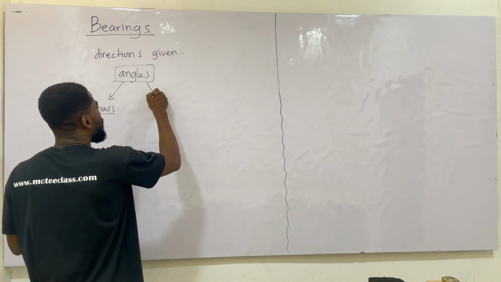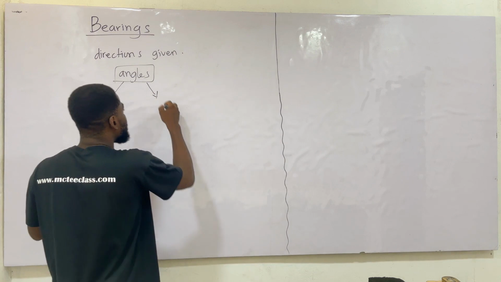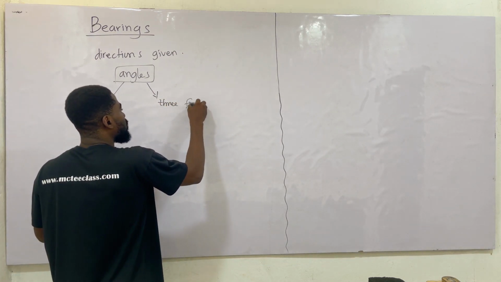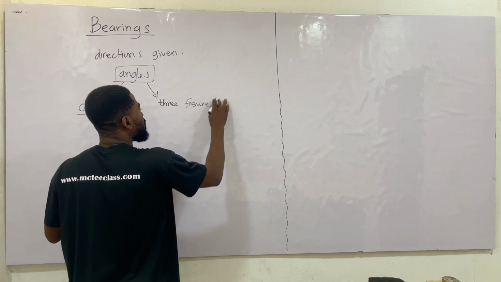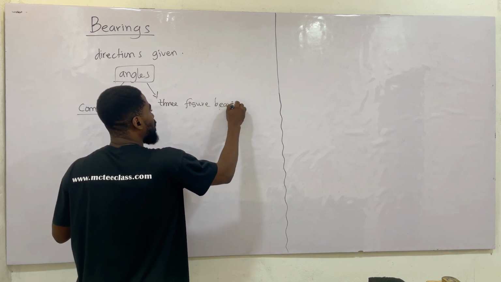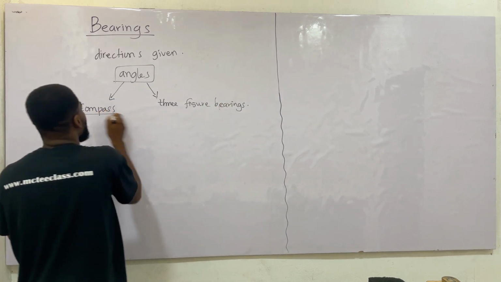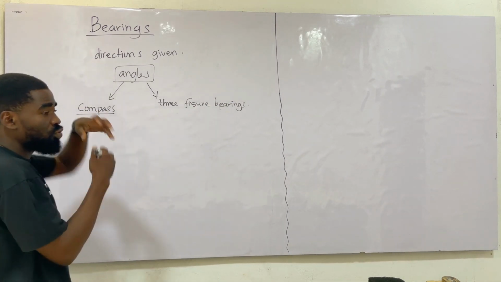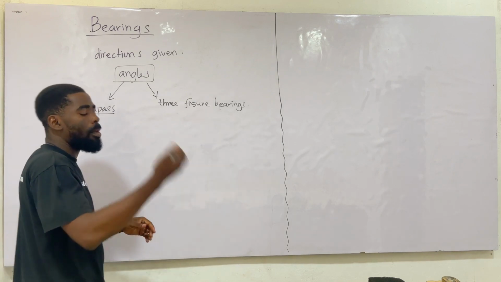Or we can use what we call the three-figure bearings. We understand what all these things mean just in this video. So our objective here today is to know what bearings are, how to draw the bearing, and also how to apply a back bearing.